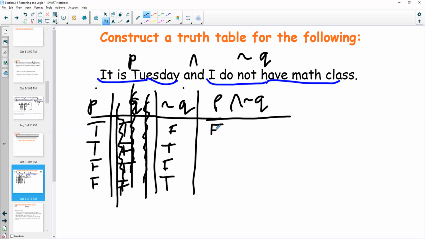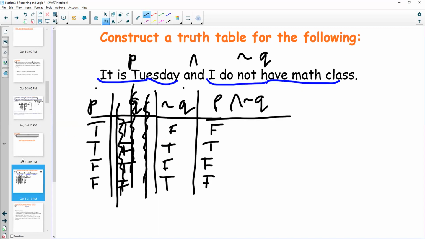If it's Tuesday and I do not have math class, they're both true. This is true. If it's not Tuesday and I do have math class, this is false. And if it's not Tuesday and I do not have math class, it's still not the whole thing true.